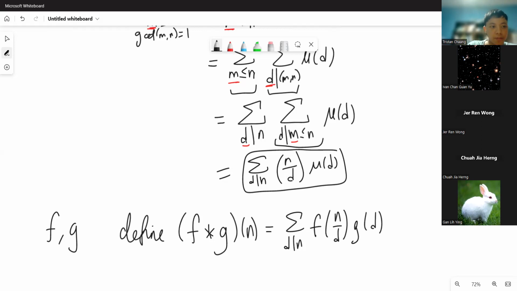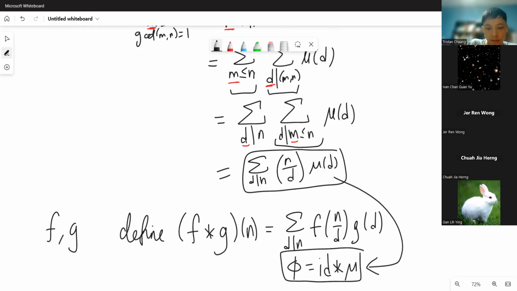So the above theorem says that phi is equal to the identity function star mu, right?